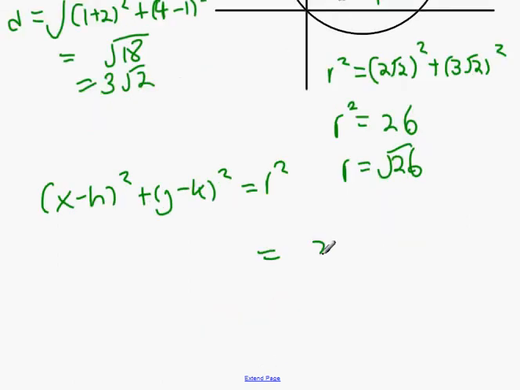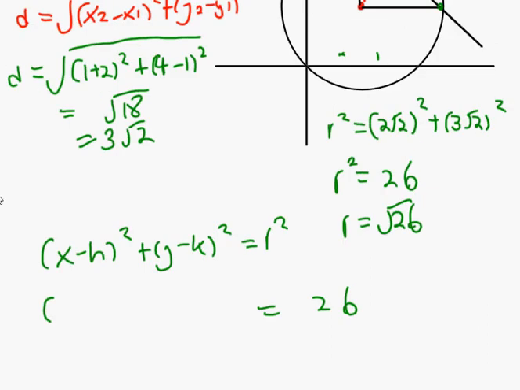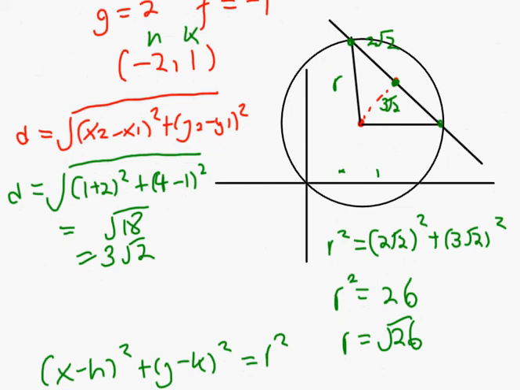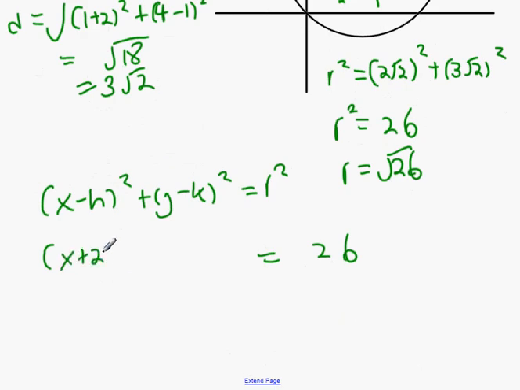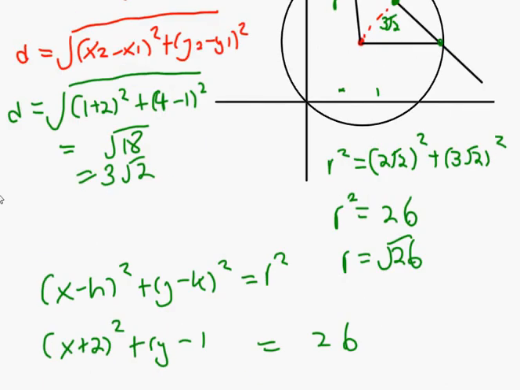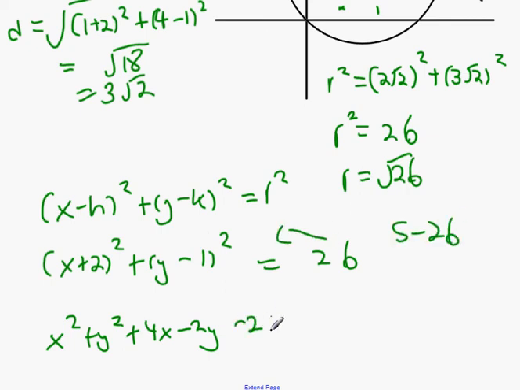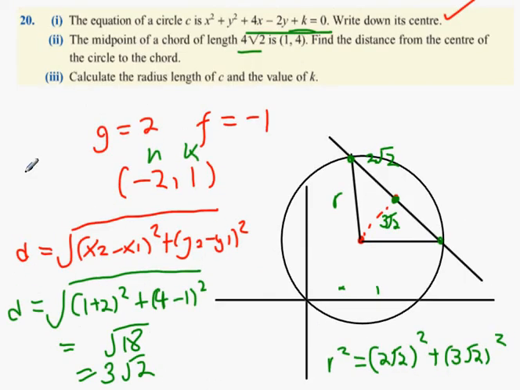This is going to be x minus, that's h, that's k, so x plus 2 squared, y minus 1 squared, multiplied out: x squared plus y squared plus 4x minus 2y. 2 squared is 4, 1 squared is 1, that's 5. Bring over your 26. 5 minus 26 is minus 21. When you match it up, your k value has to be minus 21.